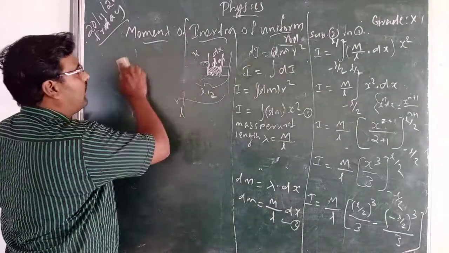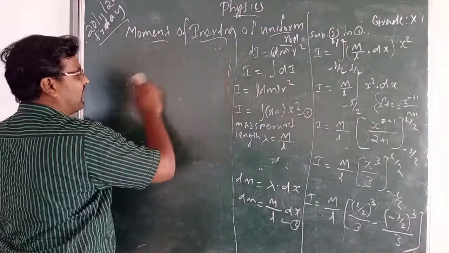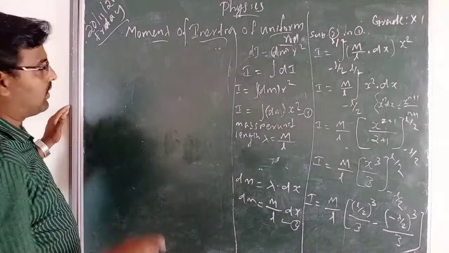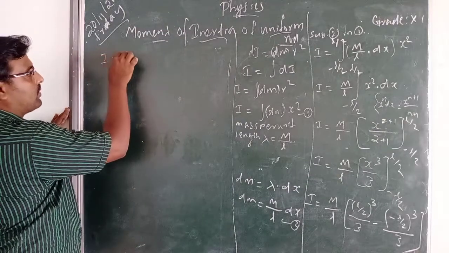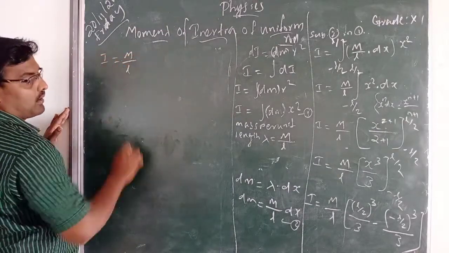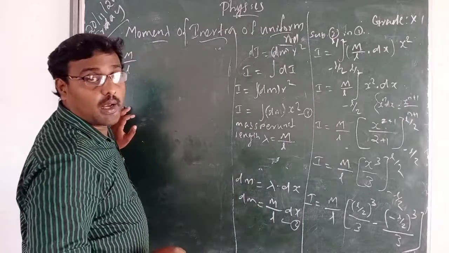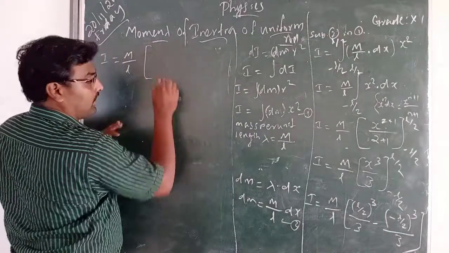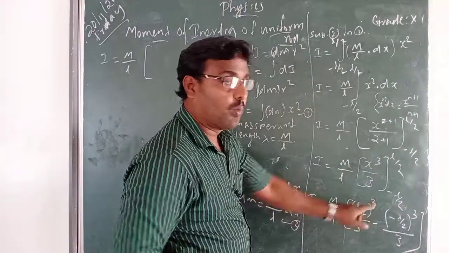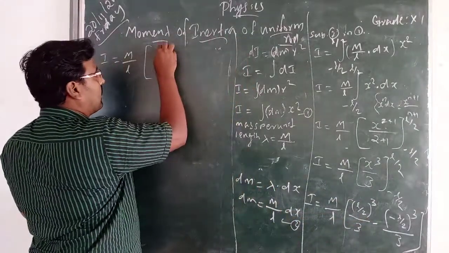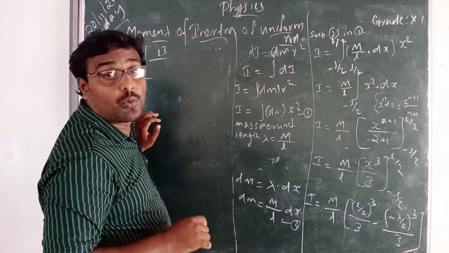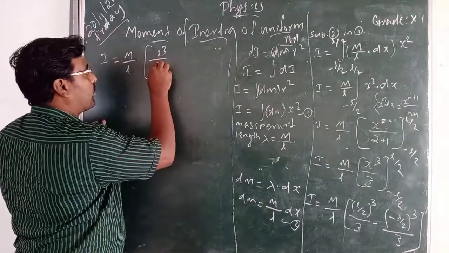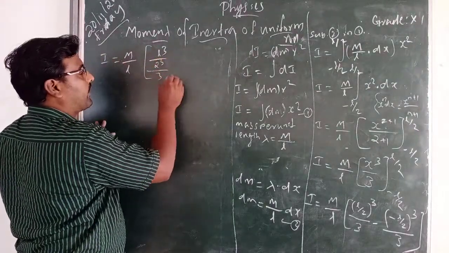Now next step. I equal to m by L, L by 2 cube. So what will come? L cube by 2 cube. 2 cube is what? L cube by 2 cube by 3.